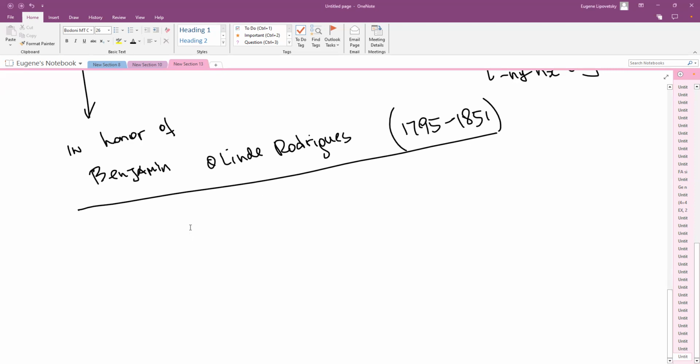Example of applying Rodriguez formula. Let's see, this one is just a second. Connect. Table.